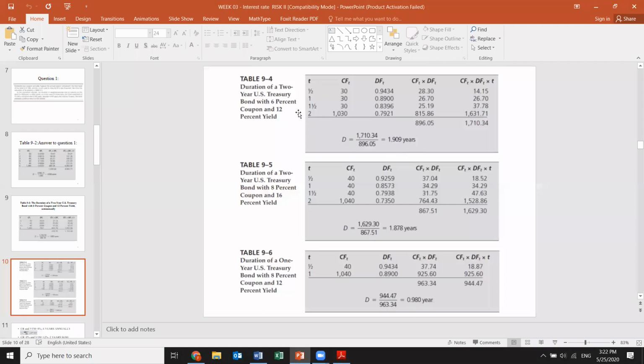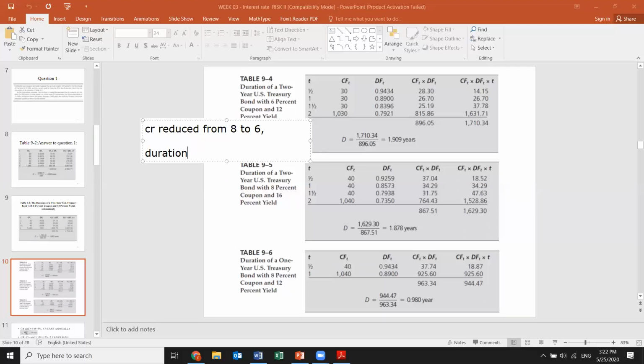Now, if the coupon rate is reduced from 8 to 6%, look what happens to duration.